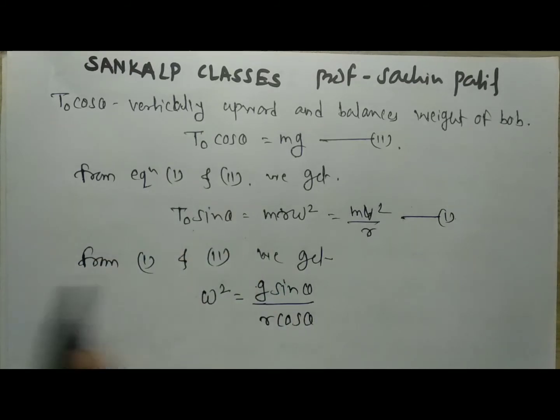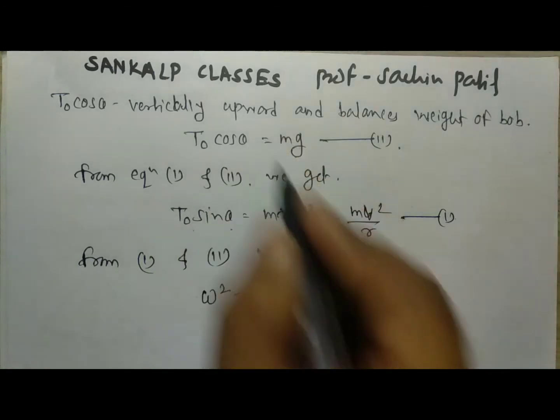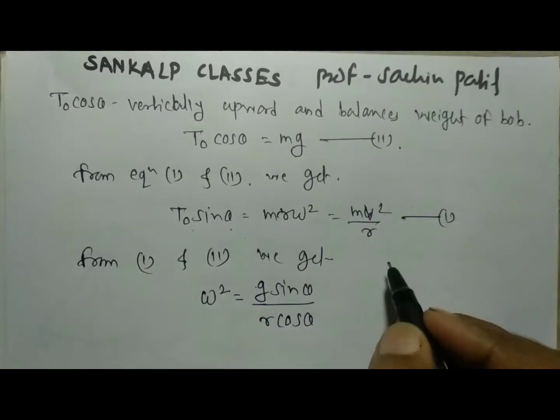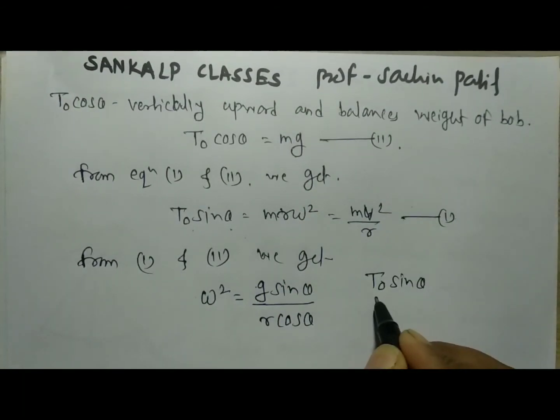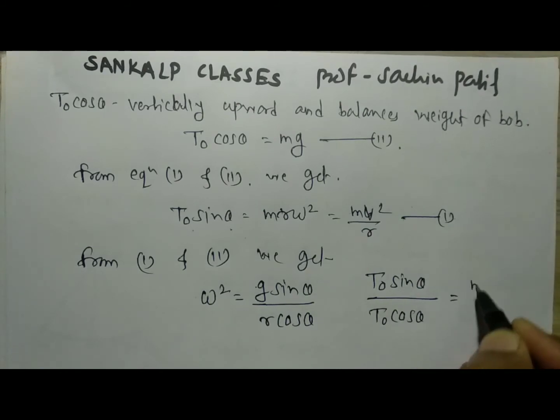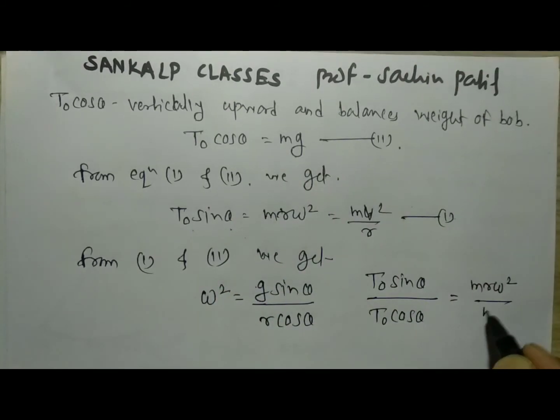So T0 sin theta divided by T0 cos theta equals m r omega square divided by mg.